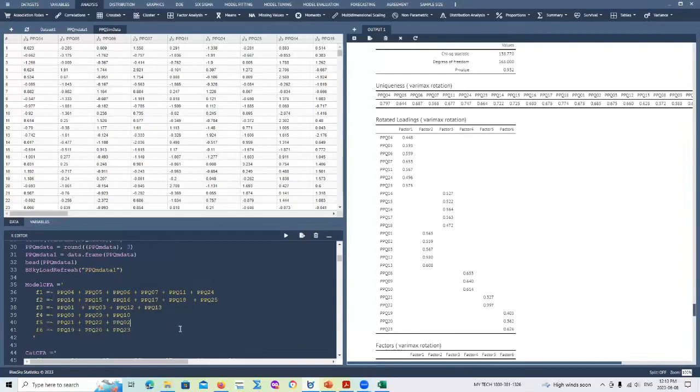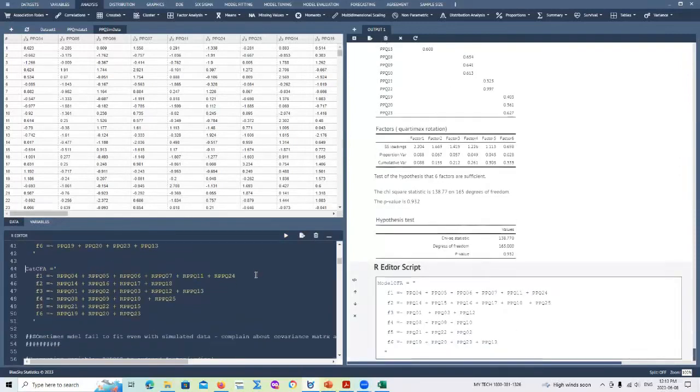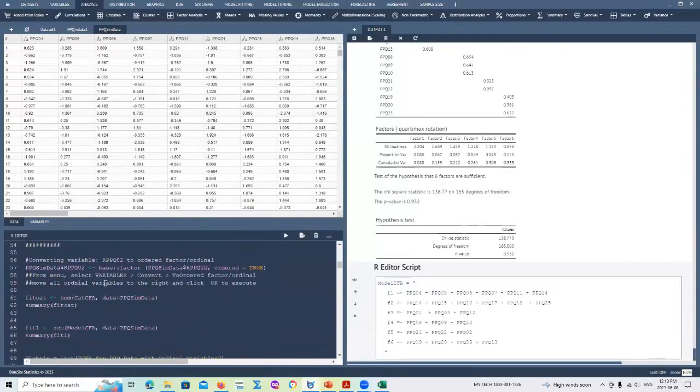Maybe even this one here I put here. Suppose I run that model, and I come here and run it. I'll call this fit 2.